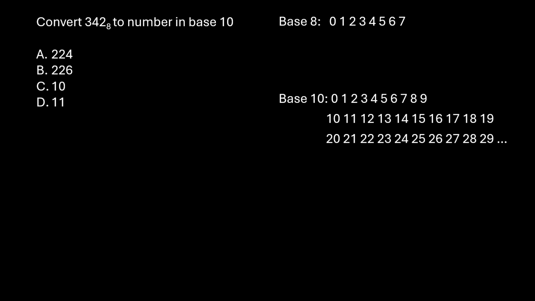Now base 8 works similarly, except that instead of 10 digits, we use 8 digits. So we go from 0, 1, 2, 3, 4, 5, 6, 7, and then going from 7 to 8, we have to now displace a digit and start again from 0 to get 1, 0, but in this case that is 8.